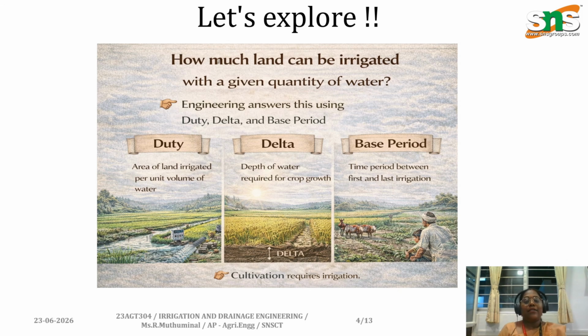Let us understand duty first. Duty is defined as the area of land that can be irrigated with 1 cubic meter per second of continuous water supply during the entire crop period. In simple terms, duty indicates the efficiency with which the irrigation water is utilized.